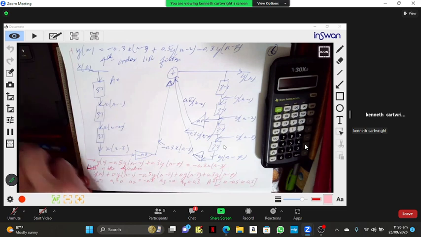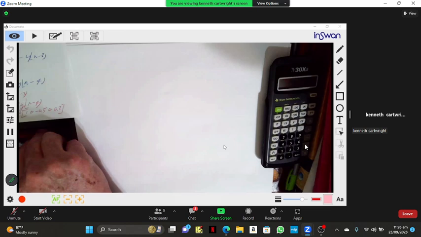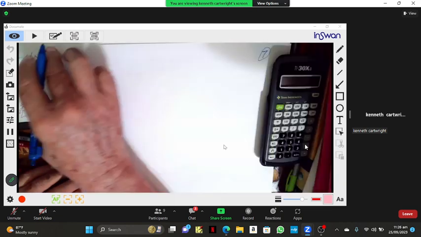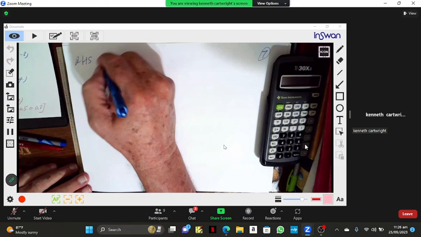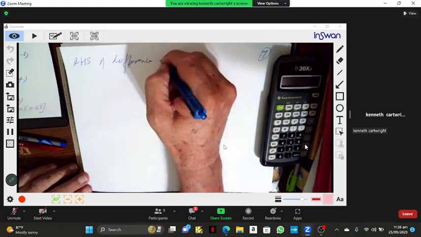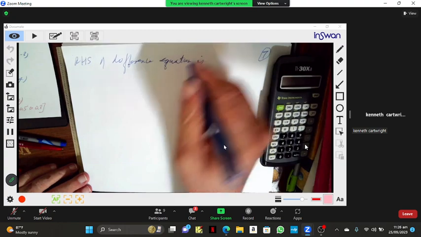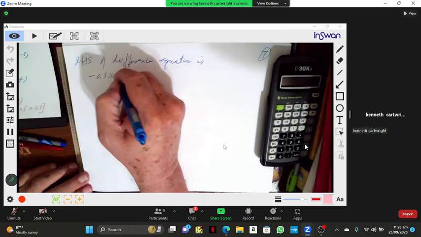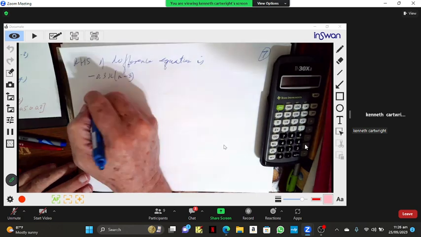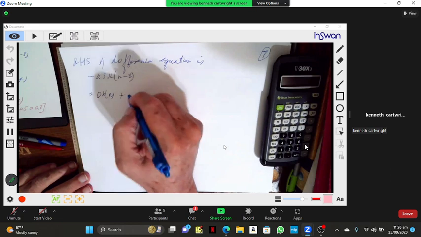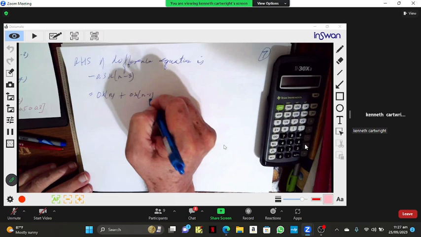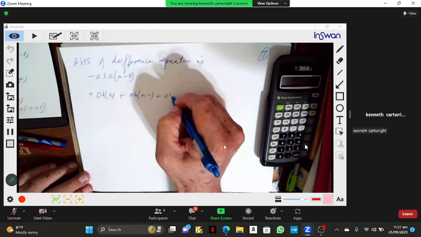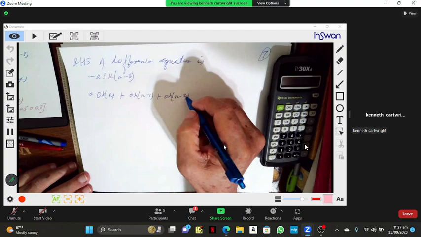Let's do the B vector. So new page. So the right hand side of the difference equation is negative 0.3 x of n minus 3, which is the same thing as 0 x of n plus 0 x of n minus 1 plus 0 x of n minus 2 minus 0.3 x of n minus 3.